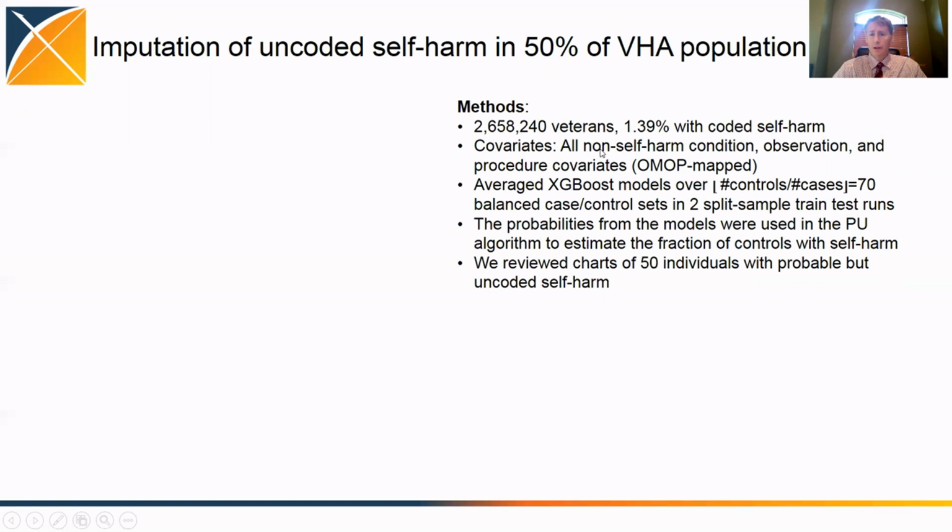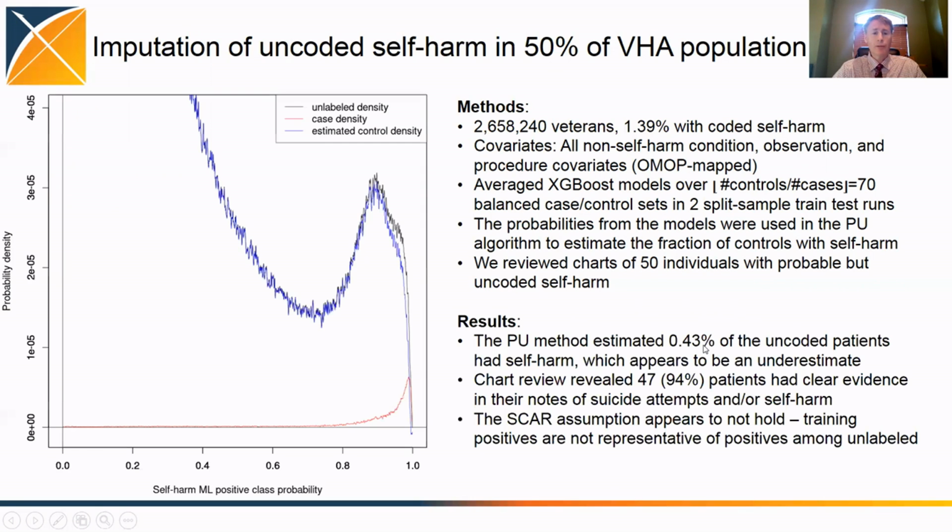We used non-self-harm conditions, observations, and procedure covariates that were OMOP mapped over the entire history of patient observation. And then we used an average over 70 different XGBoost balanced models in 2 split sample train test runs. We used those probabilities in the algorithm I just described, as well as reviewed charts on 50 individuals with probable but uncoded self-harm.